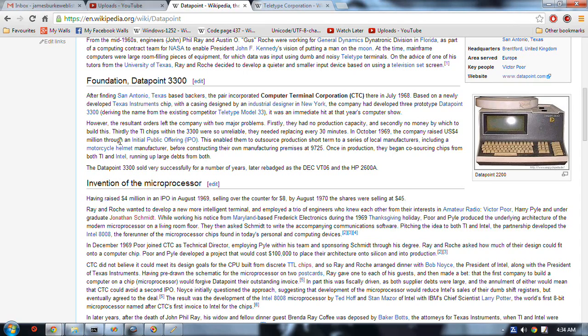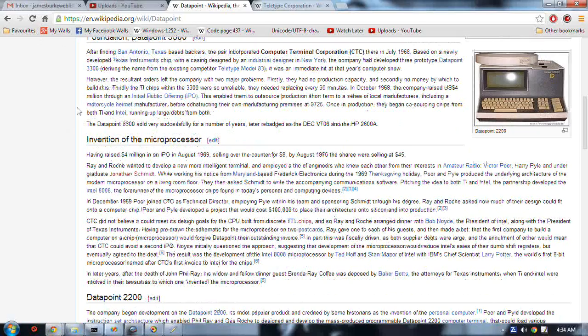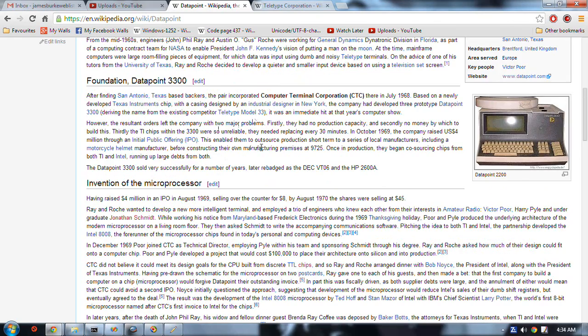It was a big hit, but they couldn't keep up with the orders, and they had no money. The chips were unreliable, it was a big problem. But somehow they raised $4 million by IPO.